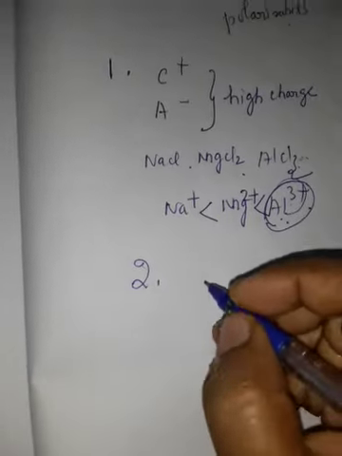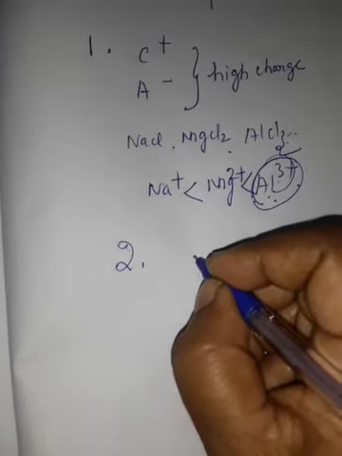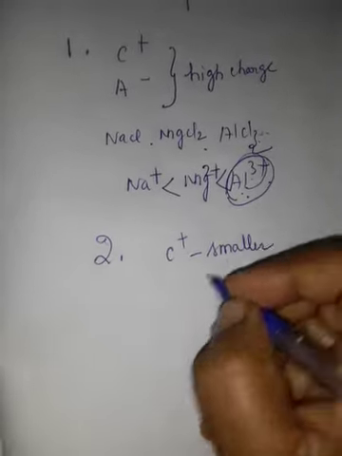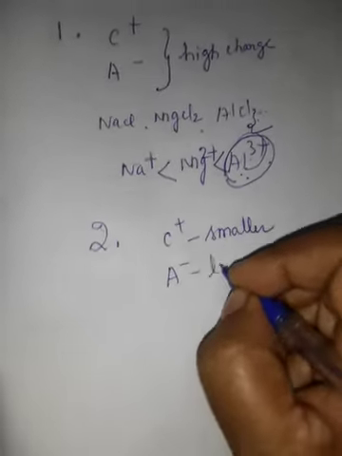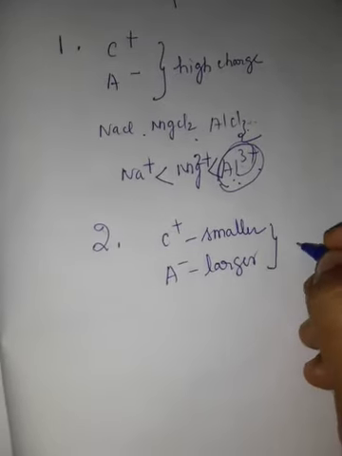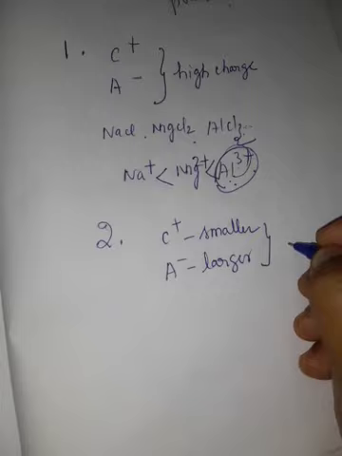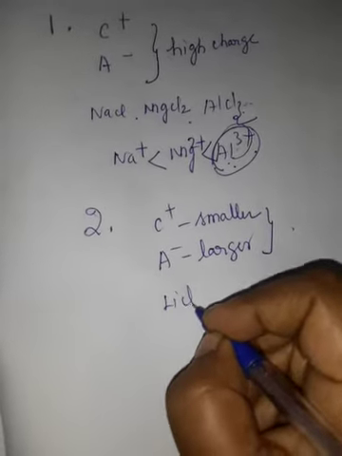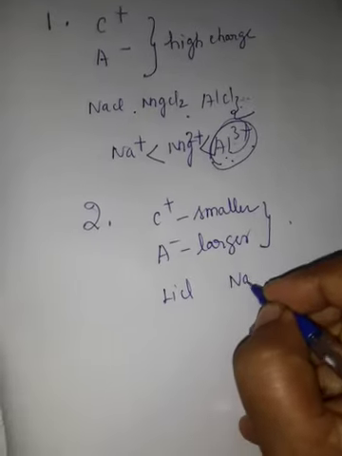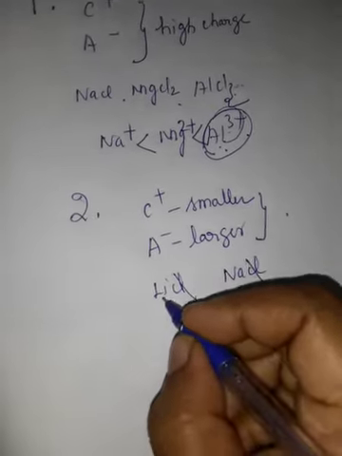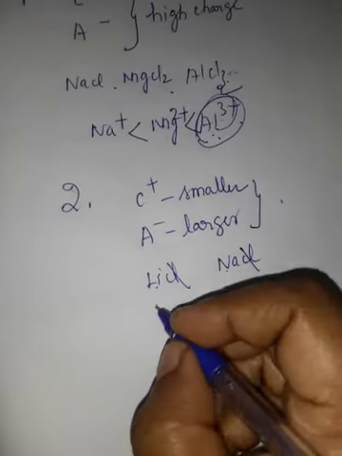Second rule: the smaller the cation and the larger the anion, the more covalent character. For example, lithium chloride and sodium chloride, where both anions are the same.